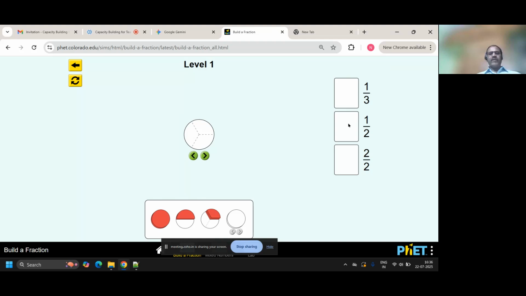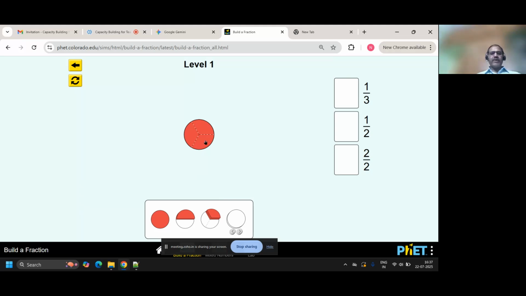1/2. How will I fill 1/2? As a teacher, we will immediately know, but it is the first or second class where you are teaching fractions. So if I say this is 1 full, there are 2 plates. 2 is the whole, and this is the part. Typically in a fraction, this is the whole, this is the part.